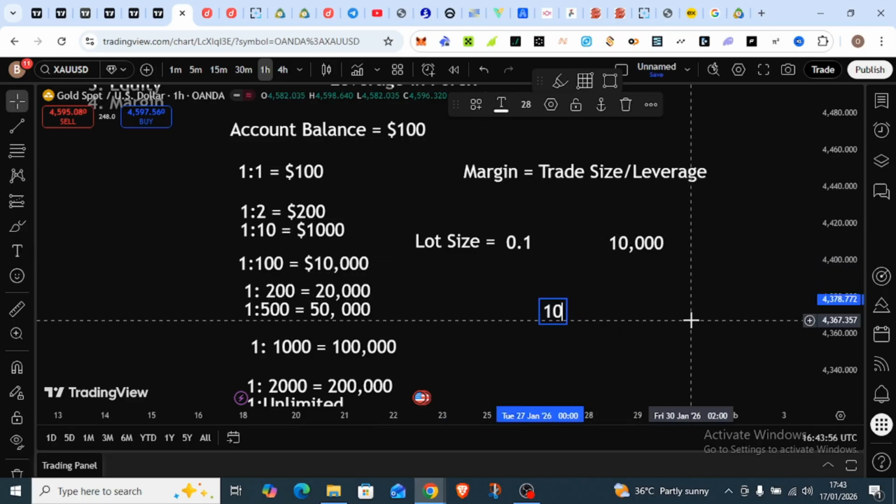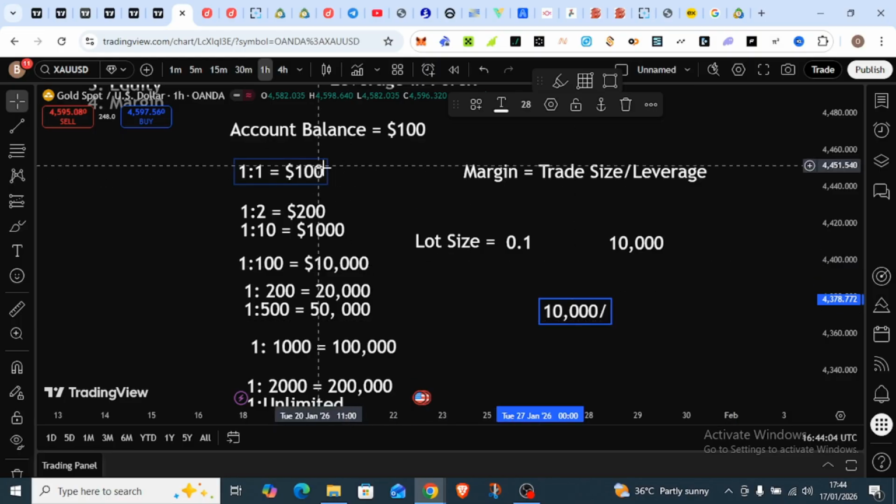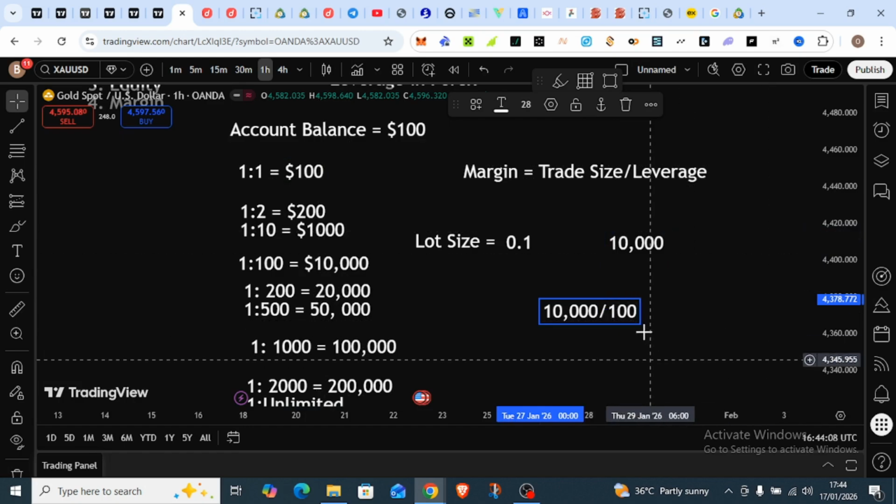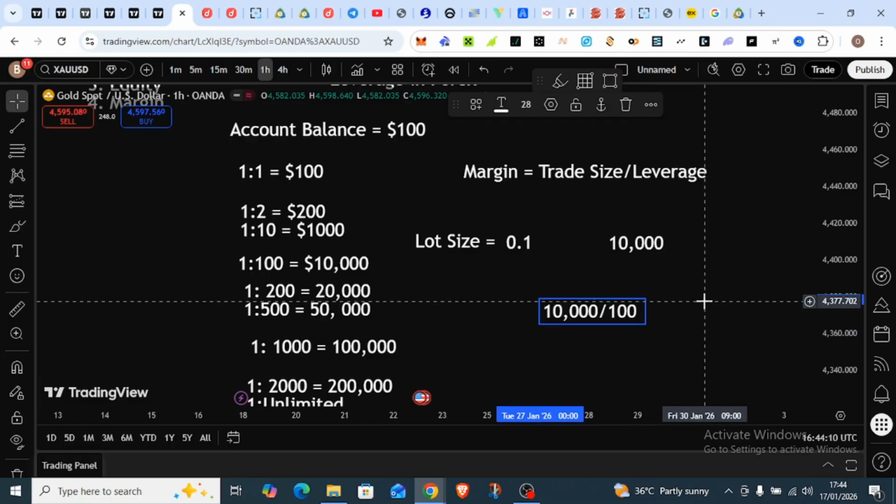We have 10,000 units over, let's start from the first one, 100. We've seen now what we have. Do the math on your calculator with me.